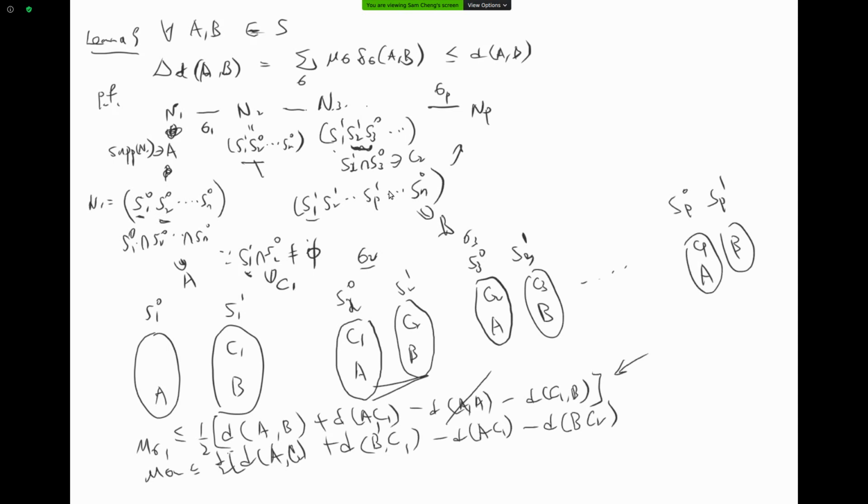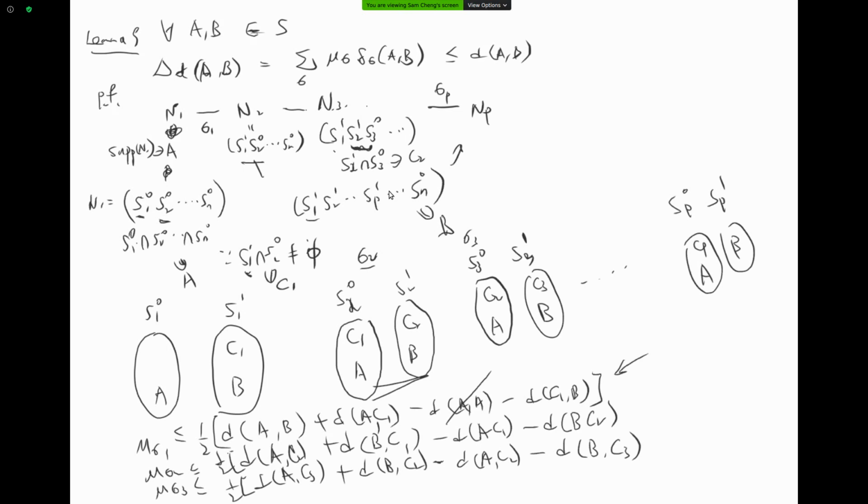So let me write a couple more. Like mu sigma 3 will be less than or equal to d AC3 plus d BC2 minus d AC2 and minus d BC3, and so on and so forth.